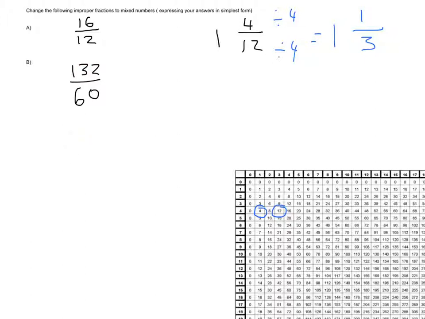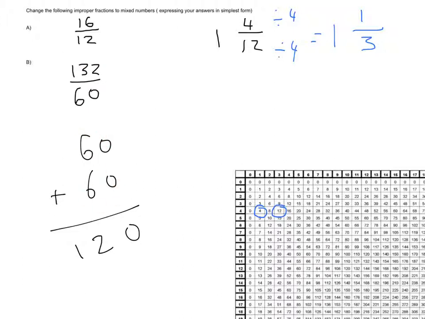For example, 60 plus 60 is 120. 0 plus 0 is 0, 6 plus 6 is 12. So we know definitely that 60 will go into 132 equally twice.